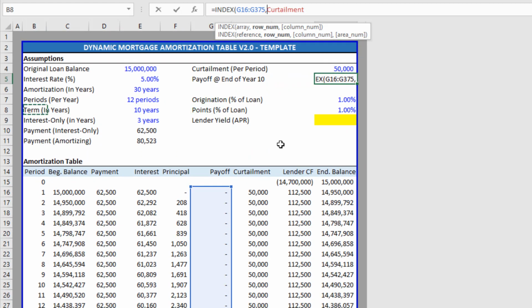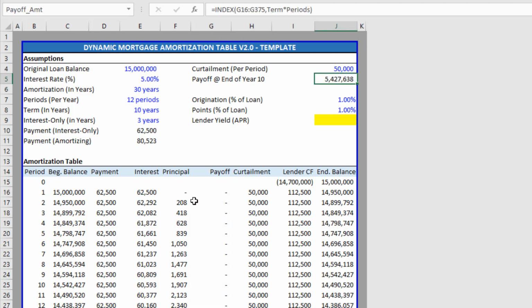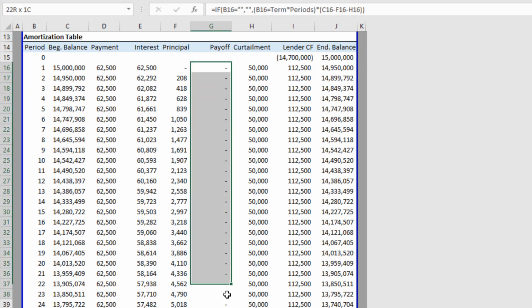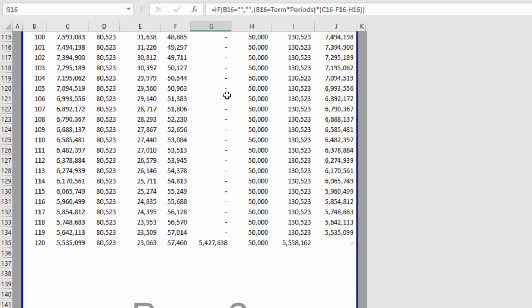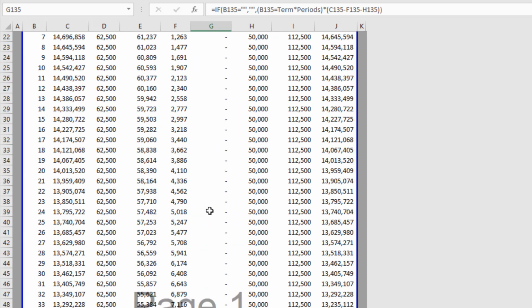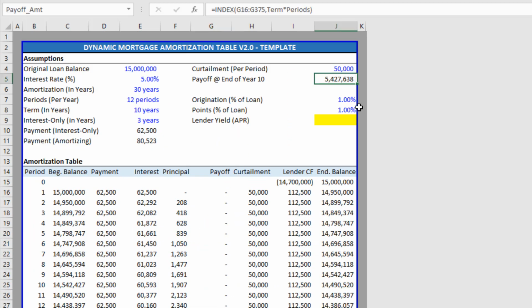The loan term times the number of periods, or in other words, row 120. And it outputs whatever value is 120 cells down within that index range. Okay, but I like that sum formula. We'll use that. It's a simple way to solve for our payoff at the end of year 10.